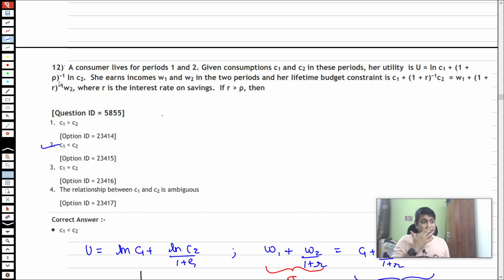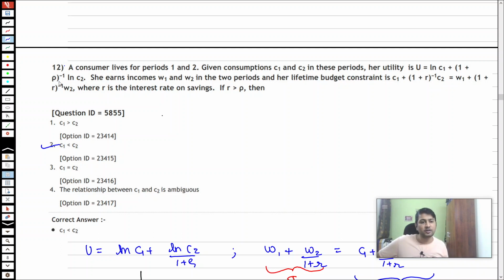If the examiner changes the utility function, these things are not going to hold. So don't remember this as a rule. It's not a rule. It's true for this particular utility function, and the intuitive understanding here is to explain to you that if the rate of interest goes higher than your discount factor, then you would want to consume more in the second period, irrespective of what W1 and W2 are.